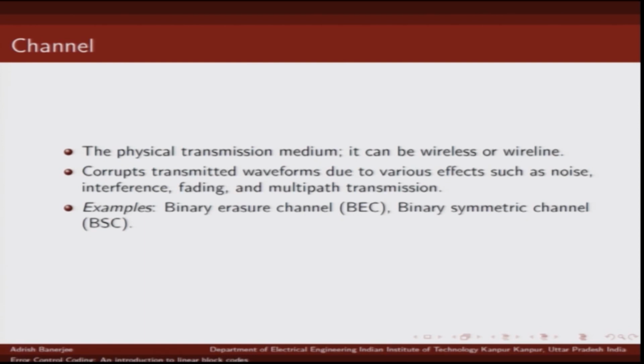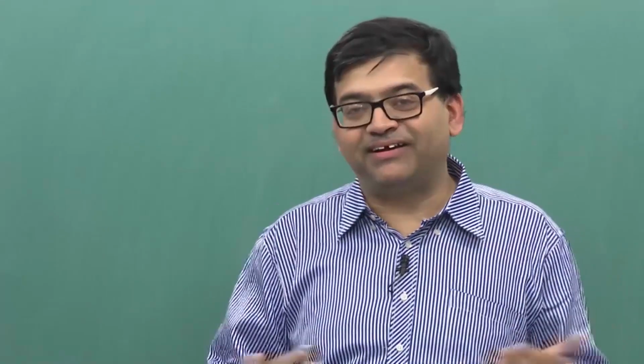That is an example of fading, shadowing. Multipath transmission: when you have reflections from multiple buildings, if you send just one signal, you get multiple copies with varying attenuation and delay spread. So, essentially the channel corrupts the signal that we are transmitting, and it results in errors.